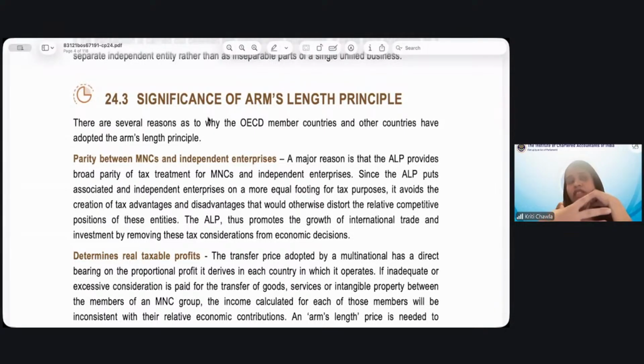So it always says how are independent parties dealing and how are multinationals dealing. That should be the same. Multinationals should deal in a similar manner that independent enterprises are dealing. That is possible using something called the arm's length principle. So there has to be a parity between multinational companies and independent enterprises.